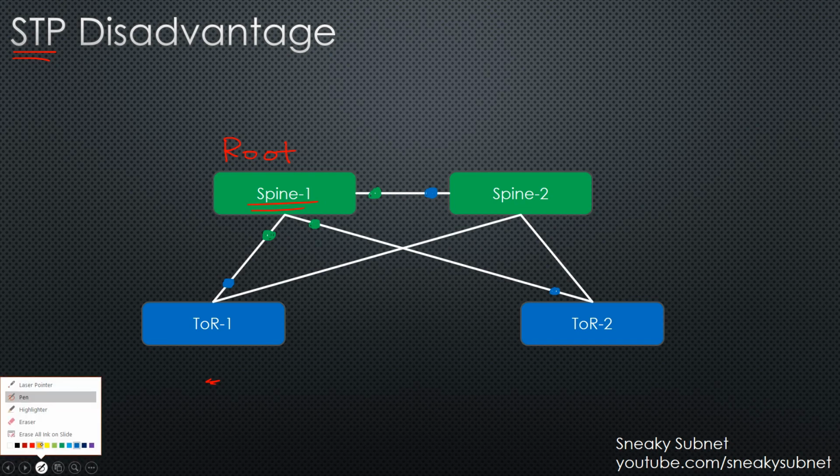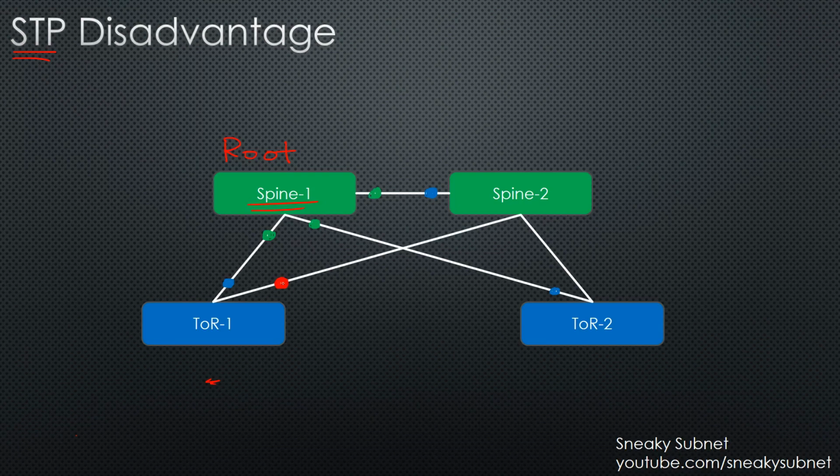And the most important thing here is that these ports here and here, they will be blocked. And again, refer to STP documentation why this is happening, why STP blocks ports, how it prevents loops, etc. But the end result is as follows.